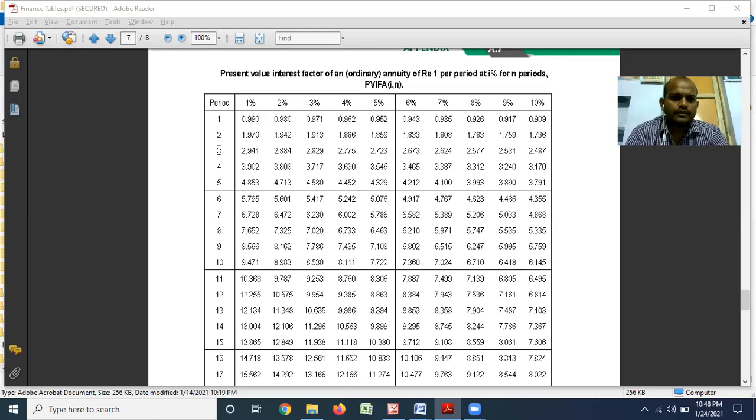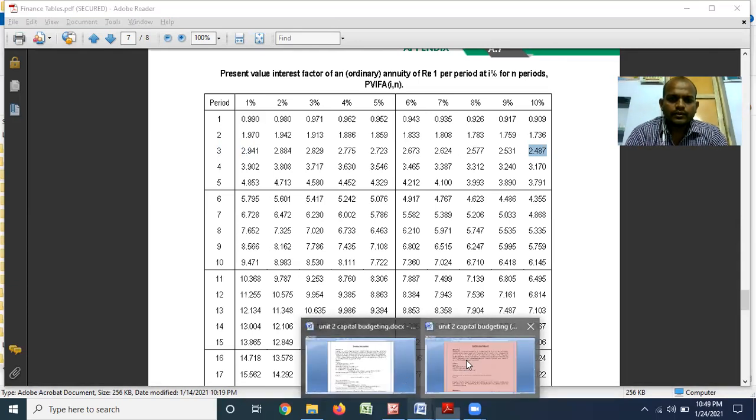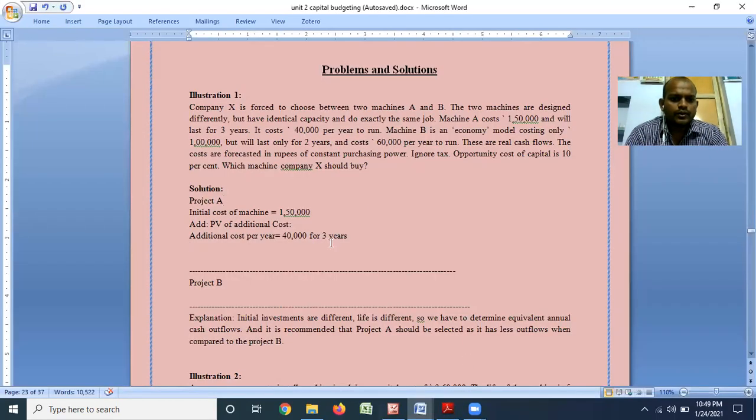The life of the mission is 3 years. At 10%, it is 2.487.